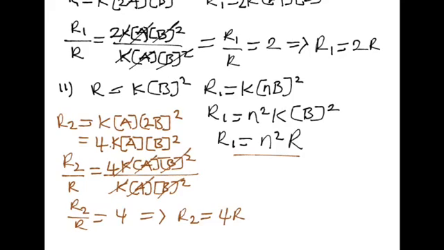To do that simply, you can just come here and write our R2, and in place of n we'll bring our 2, that is, we are doubling the second order reactant, so 2 to the power 2 times R. So we find out that our R2 is going to be equal to 4R. So that is it for the B.